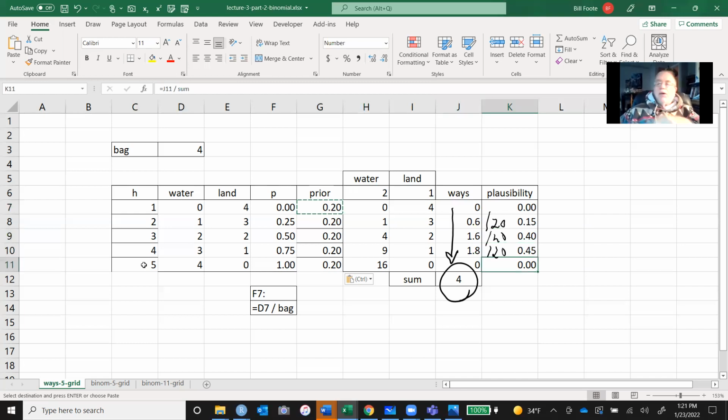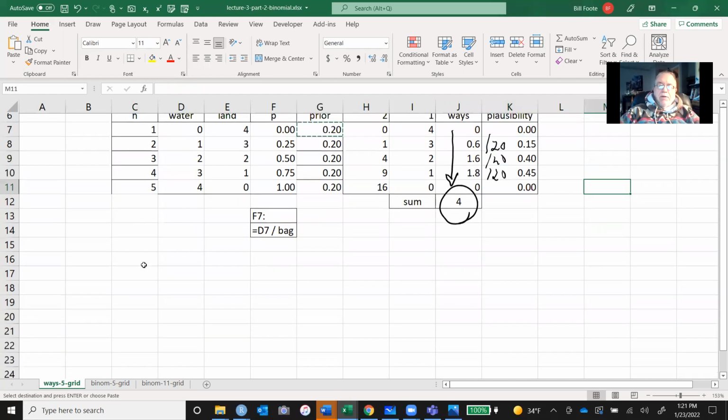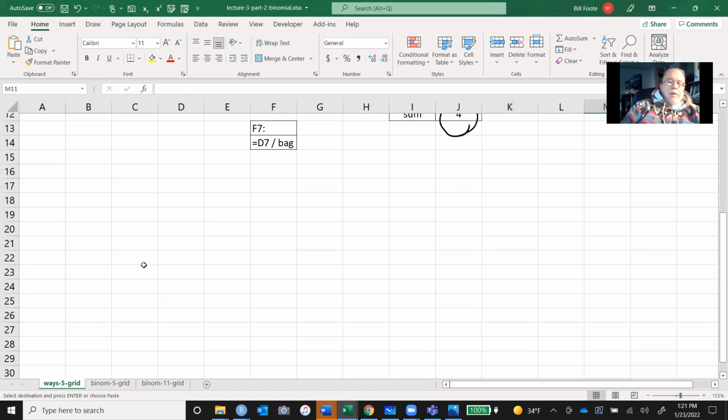Now, how do we put binomial into this? Well, we have all of the things we need for a binomial. I'm going to do it the hard way first. I'm going to do a formula. And remember that the binomial formula, let me write it down here.